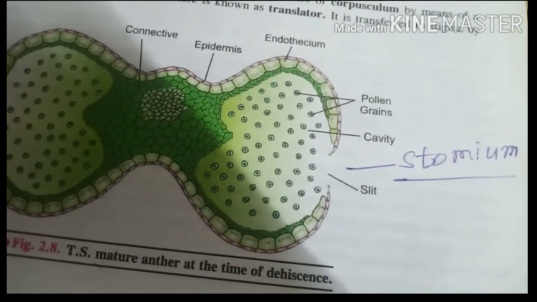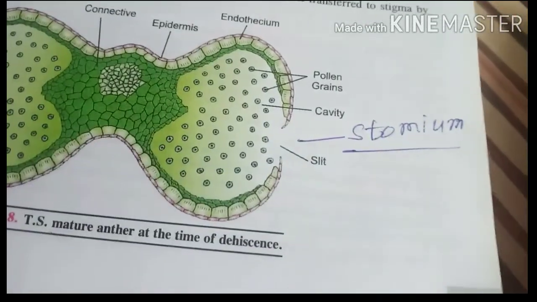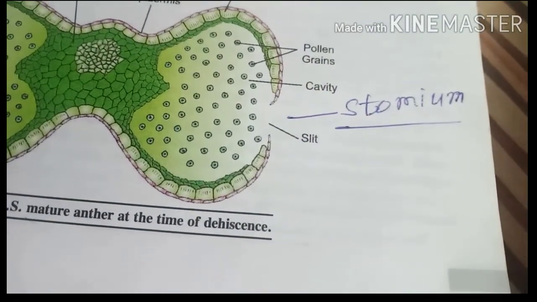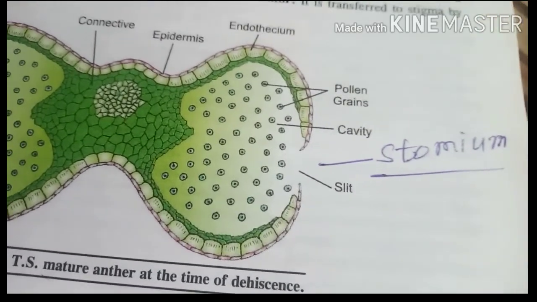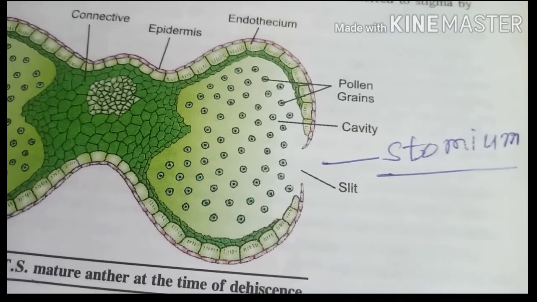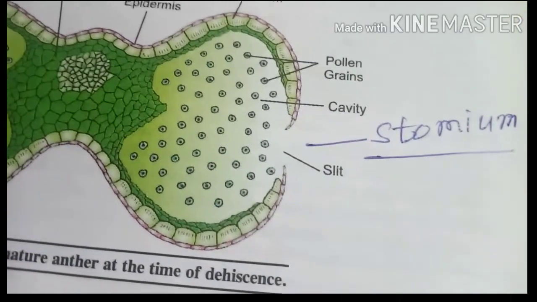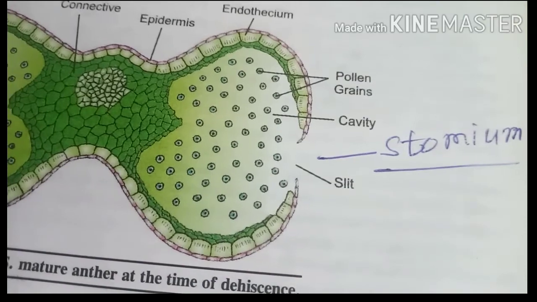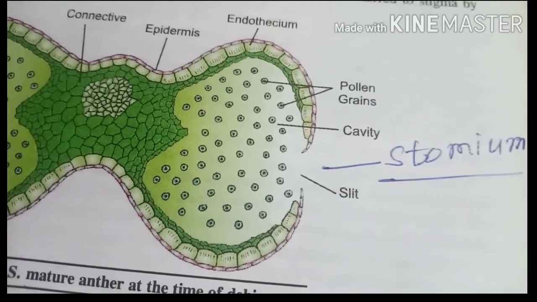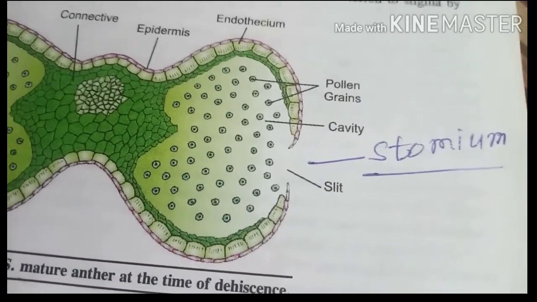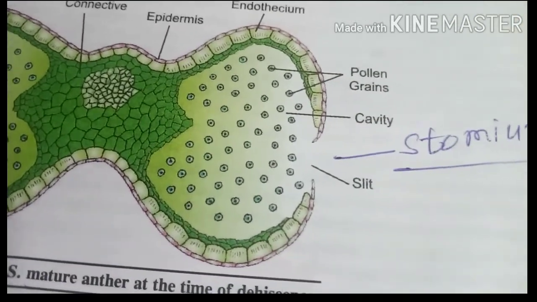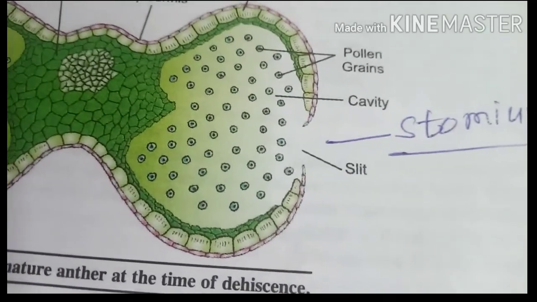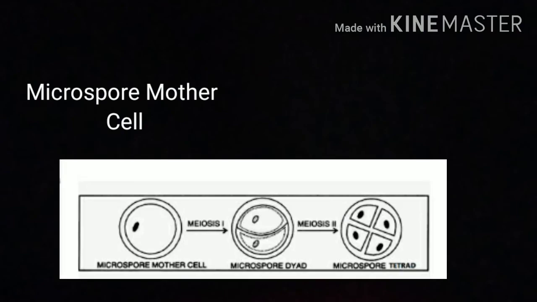The stomium develops from the outermost covering, the endothecium, which has a fibrous layer, but a few cells are parenchymatous thin-walled cells that provide the site for the stomium, at which place the pollen sac ruptures and spores are liberated. The middle layer somewhat gets crushed. The tapetum, the innermost layer, gets consumed, providing nourishment to the microspore mother cell.